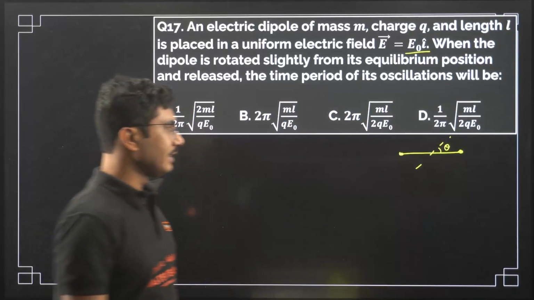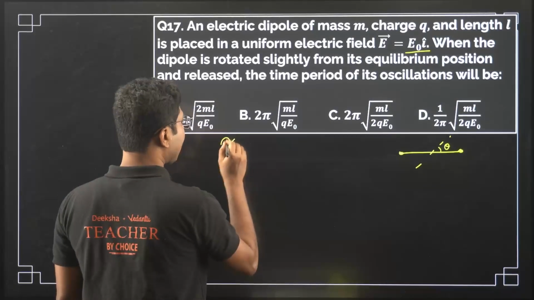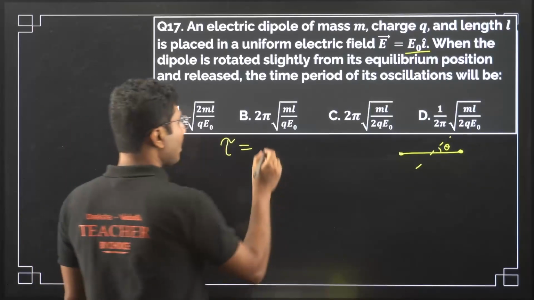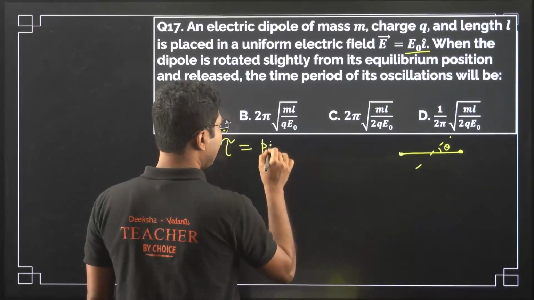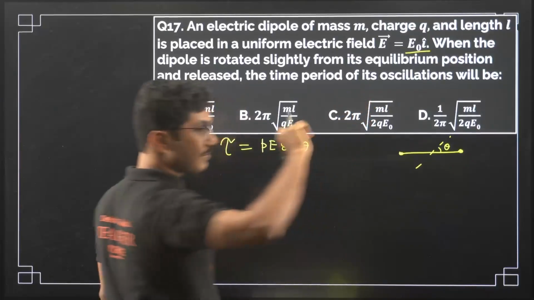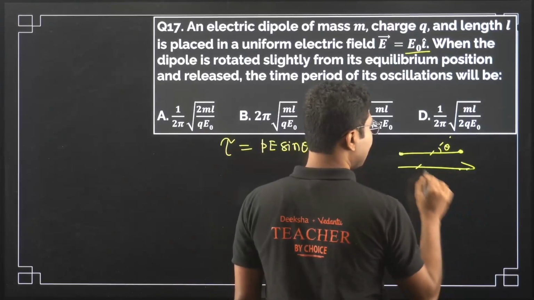Once we displace it, what will act on it? There will be a torque acting on it. What is the torque? Torque is given by PE sin theta. Now for small value of theta, when the displacement is small, there is an electric field.